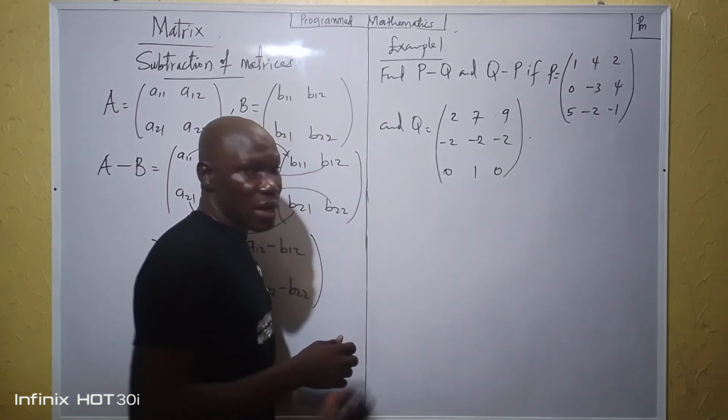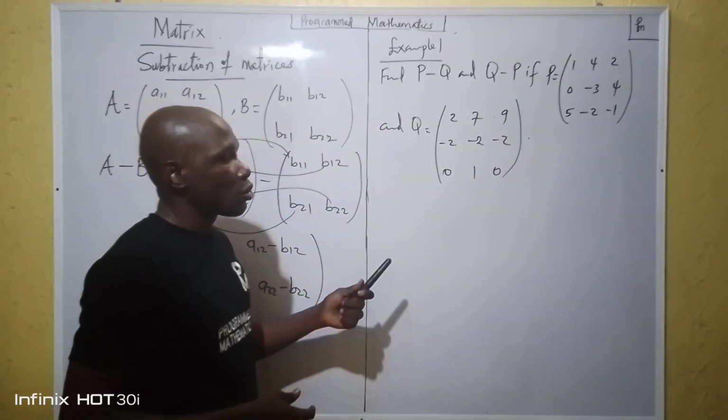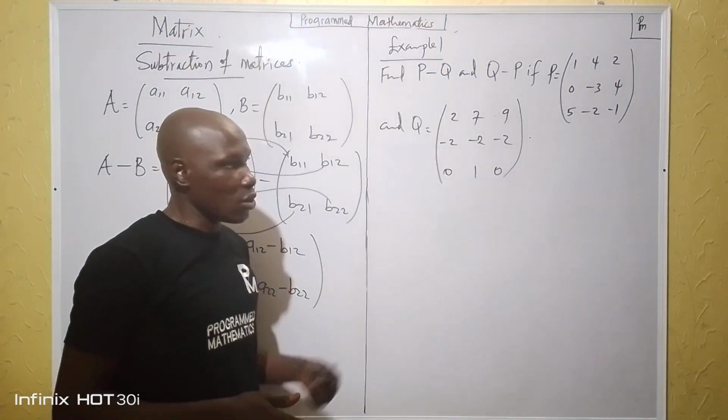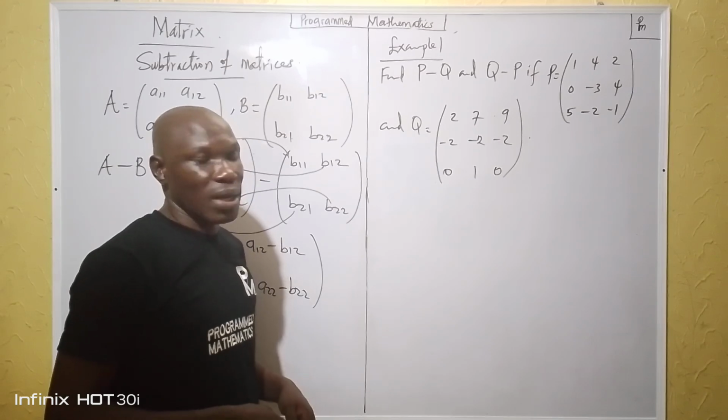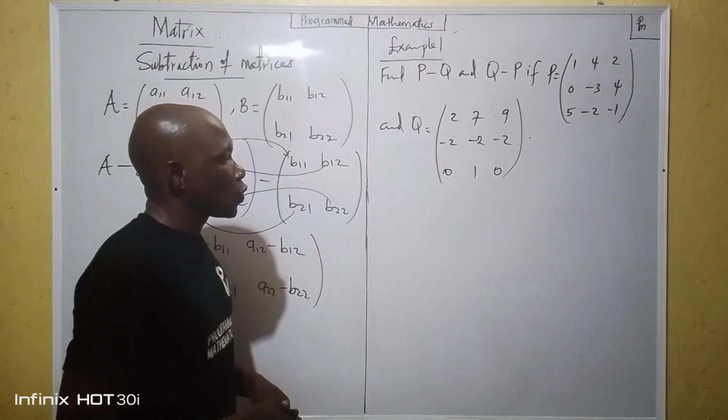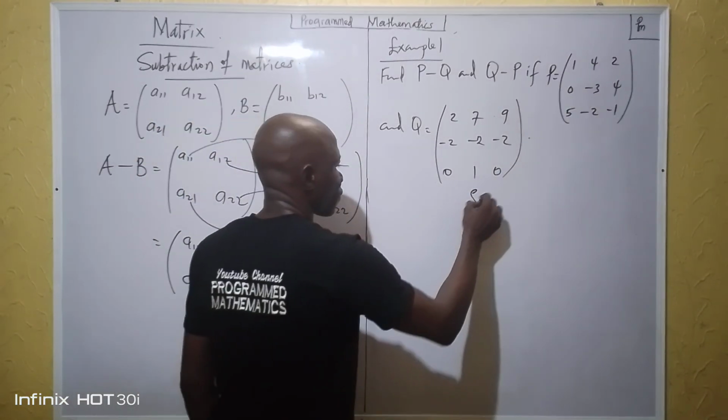You can as well pause the video and try to solve this problem yourself to see if you are going to get it right. You should get it right because the approach is not too different from that of addition. Now let's look at the solution.